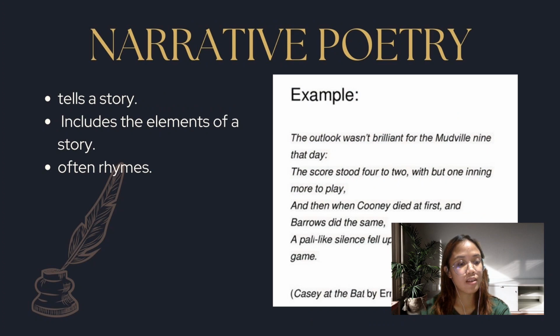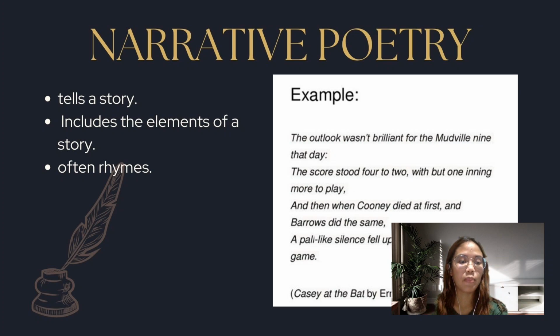So I think everyone is very familiar with this. Narrative poetry, of course, tells a story, it narrates a story, and it includes the elements of a story such as the characters, settings, dialogue, climax, and resolution. It tells a story in a very short length of poem. And it often rhymes, but not always.